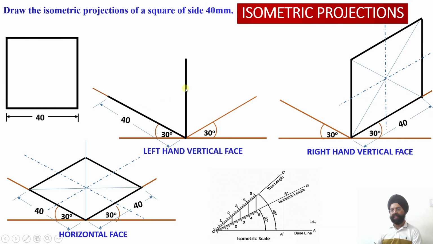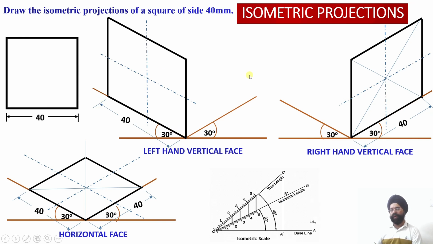So the two edges have been obtained onto the isometric axis. Now two isometric lines will be drawn, that is this edge will be drawn parallel to this one, again length will be equal to 40 millimeter, and the fourth edge will be drawn parallel to this isometric axis over there.